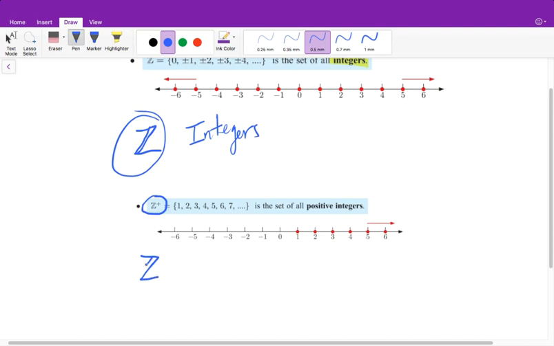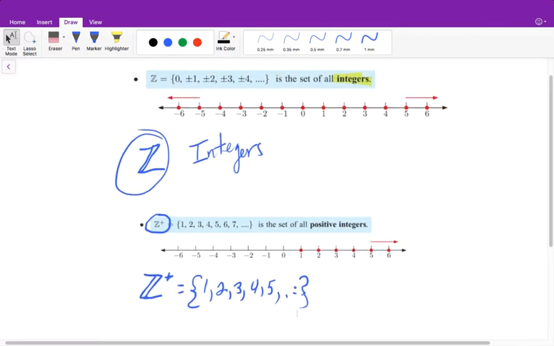So we write the Z, and if we write the plus here, that means the set only contains all of the positive numbers. That's why it's just 1, 2, 3, 4, 5, and so on. Remember, this is an infinite set. Same thing, if we want to look at the negatives, we can put the negative sign there, and it tells us we're only focusing on the negative integers.